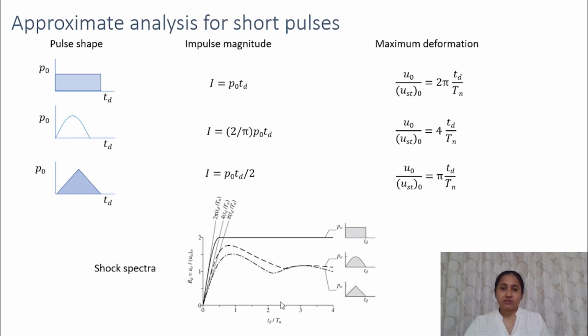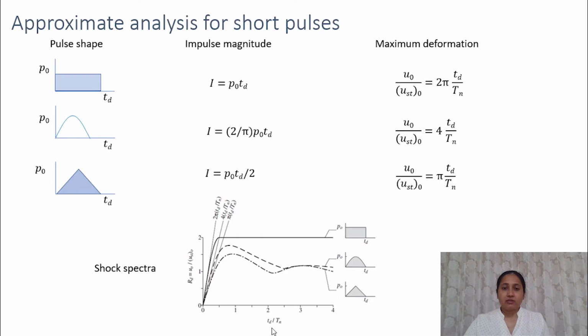This figure shows the shock spectra for these three different pulses. As you can see here, if the Td by Tn values are less than half, then the shock spectra can be approximated as a straight line, and the equations will be these three expressions.